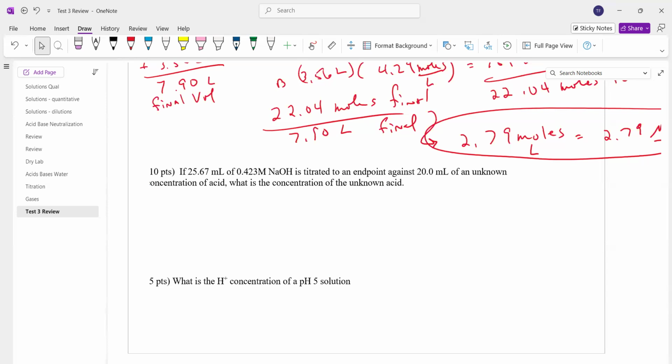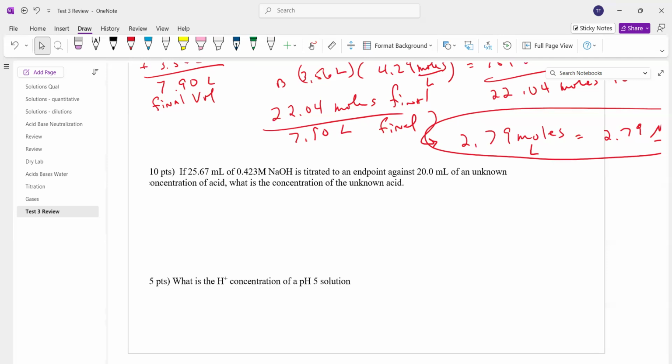I was asked by a student from my last semester about this specific question, and I said, write out the balanced equation. It could be you're working with a diprotic or triprotic acid, which means it's not going to be 1-to-1; it's going to be 1-to-2 or 1-to-3. So always be aware of the stoichiometry and the balanced equation.